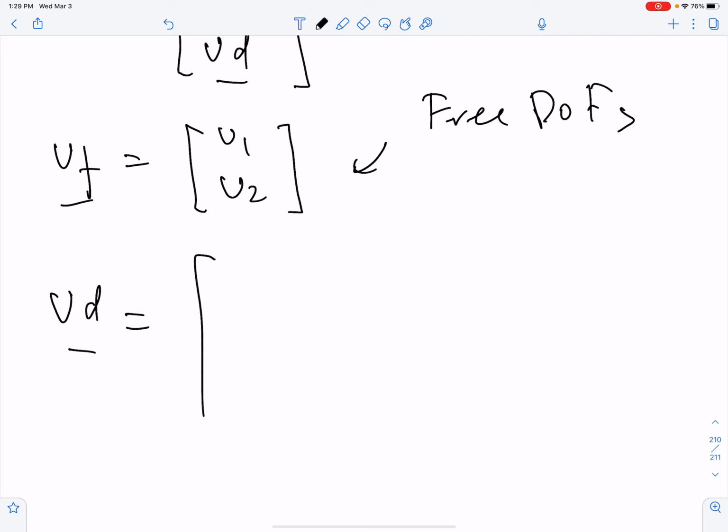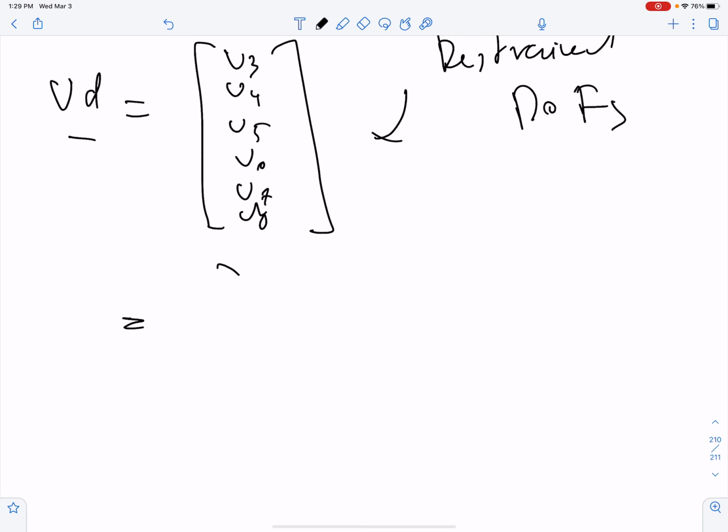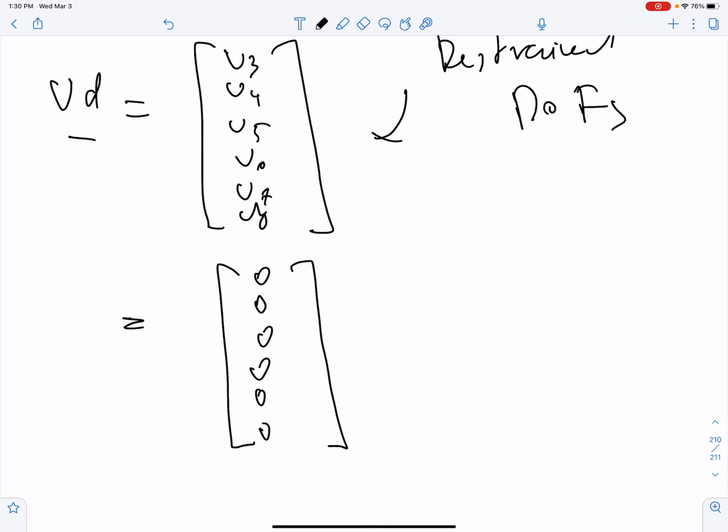UD are the rest of them: U3, U4, U5, U6, U7, and U8. These are restrained DOFs. They don't displace, so you get a vector of zeros. This makes your problem quite a bit simpler. All right. So what do we need to do next?